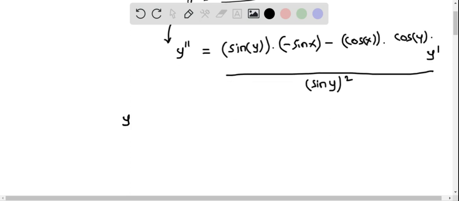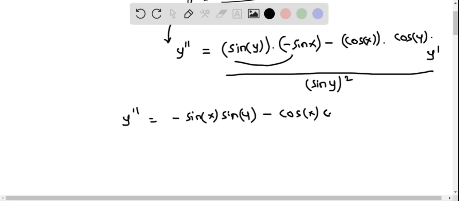So let's simplify this. We have y double prime, and this equals the product of these two, which is negative sine x sine y, and we have cosine x cosine y.